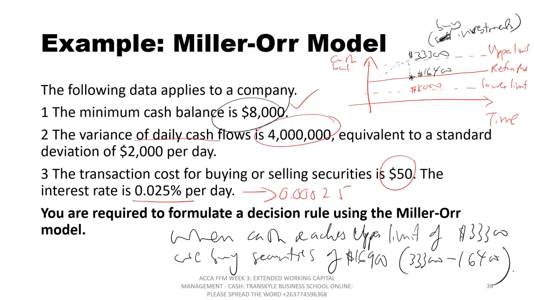Now what about when cash reaches this point? If our cash reaches the lower limit of 8,000, what do we do? We sell now. This time we sell investments of how much?